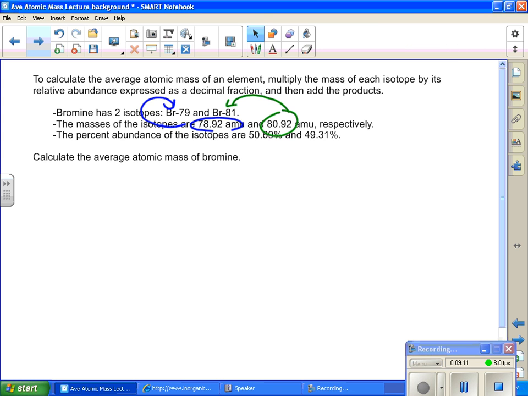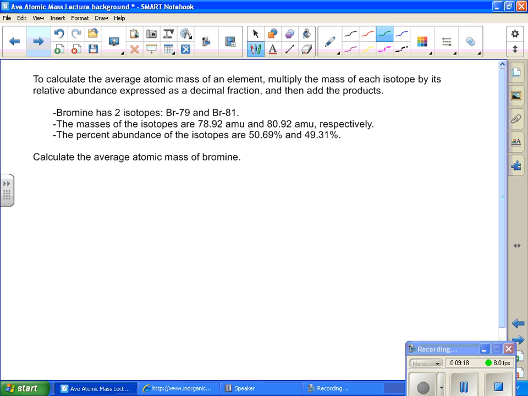Now I'm going to erase that because I've covered up my percentages. Likewise, the percent abundance for the isotopes is 50.69 for this one and 49.31% for this one. Okay. So how would we calculate the average atomic mass? That's exactly the same way we did it for the pennies a moment ago.